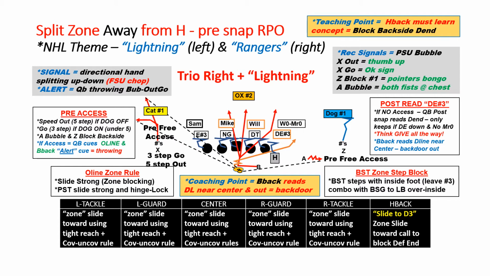So in this example, when he lines up already on the backside, he just simply needs to slide inside and cut off that defensive end using a J-path block. Same pre-snap principles apply for the quarterback, nothing changes. We've just moved the H and he has to understand the concept of blocking the backside defensive end.